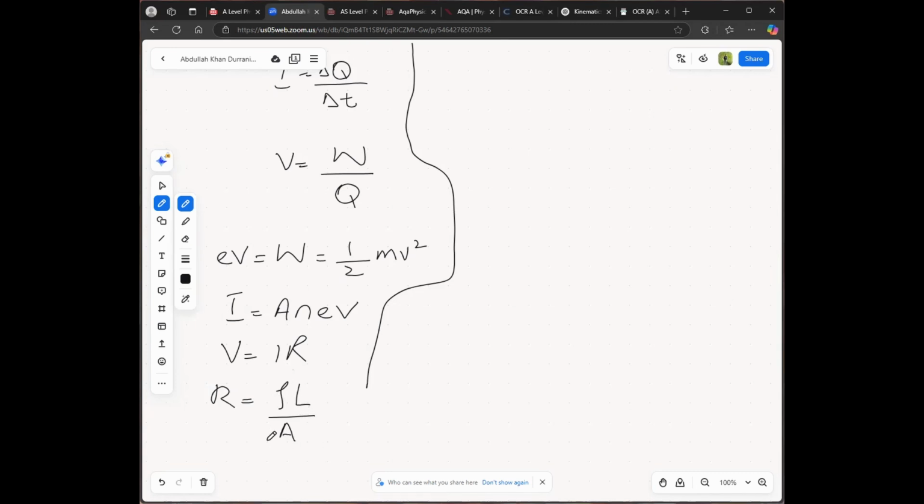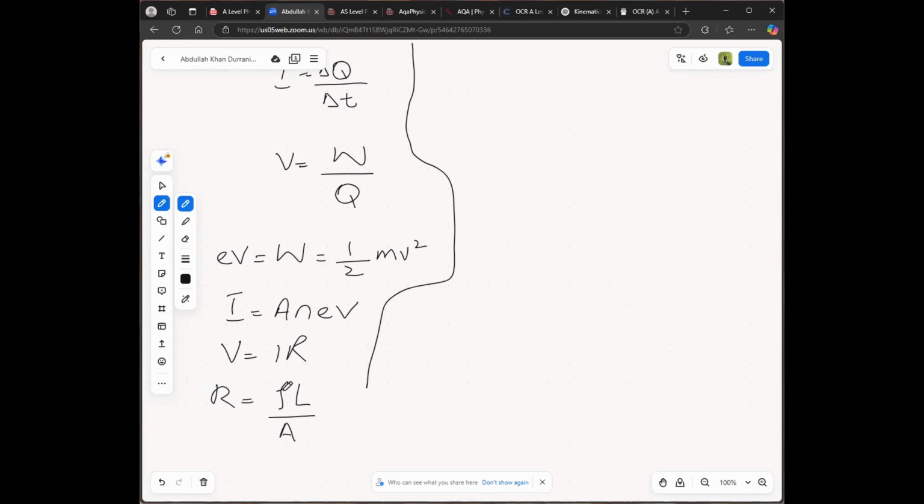Now, resistivity is something that is related to a material. Gold would have some resistivity value at a certain temperature. Similarly, all other metals, all other insulators would have a resistivity value. So it depends on the material that you are using. Obviously, this resistivity has some dependence on the temperature as well. So this changes when temperature changes, and that's why resistance changes for the same material as well.